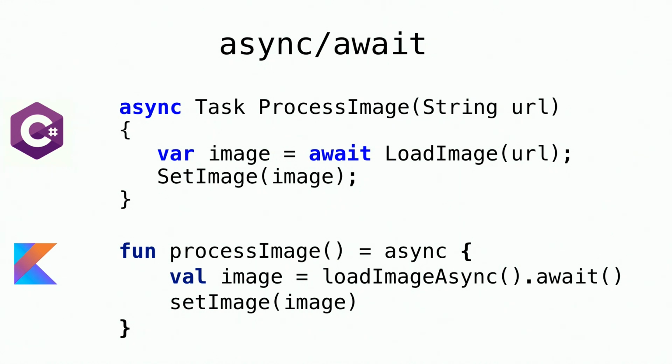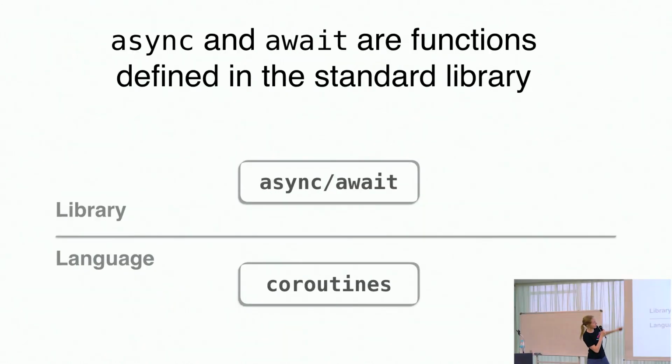In C#, async await are a language feature, while in Kotlin, they are just functions defined in the standard library that use the language support for coroutines.